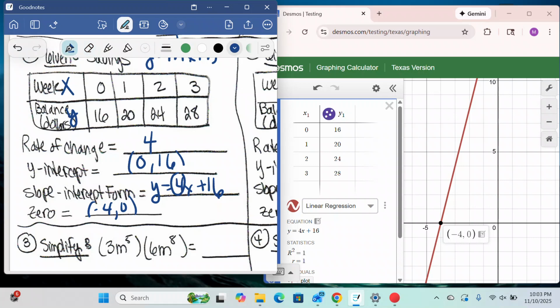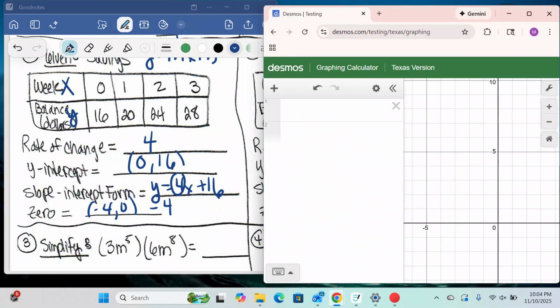It's a positive slope. The y-intercept is 0, 16. Slope-intercept form is y equals mx plus b, which is y equals 4x plus 16, and my zero is -4, and my x-intercept is -4, 0. So that is how easy it is as long as you understand the Desmos calculator.